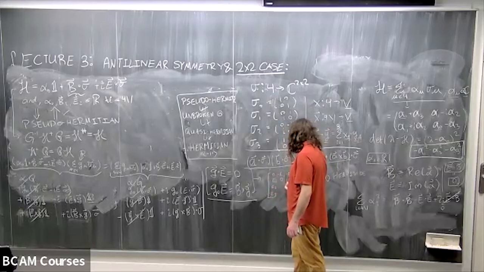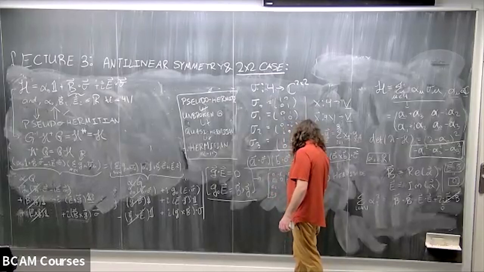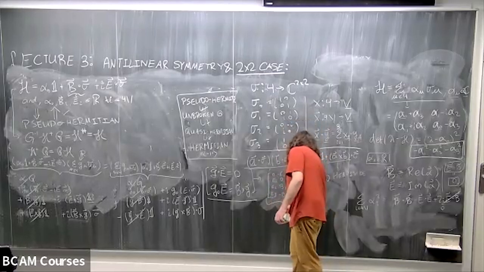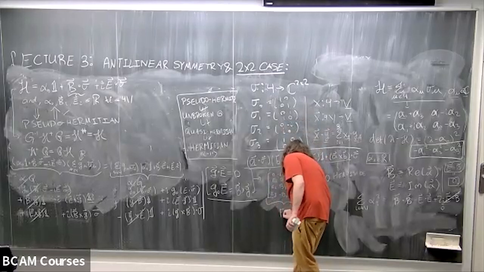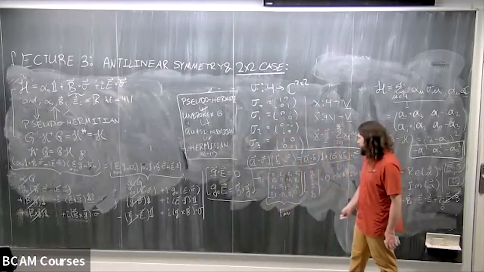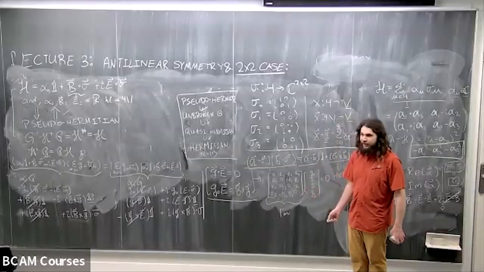Let's see, so these are all 0. I think this is negative. Oh yeah, so you need to find the kernel of this matrix.